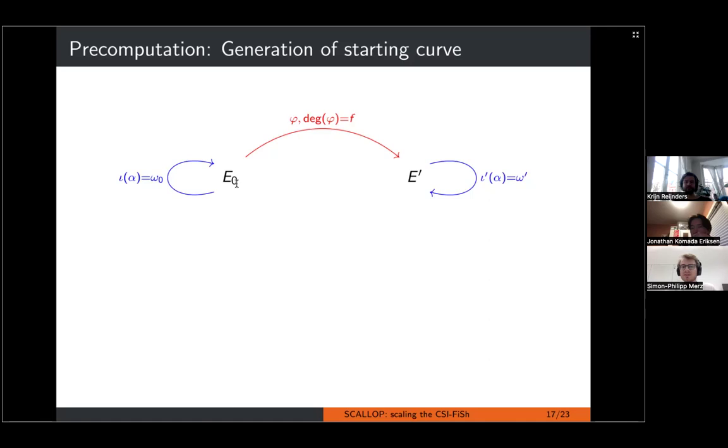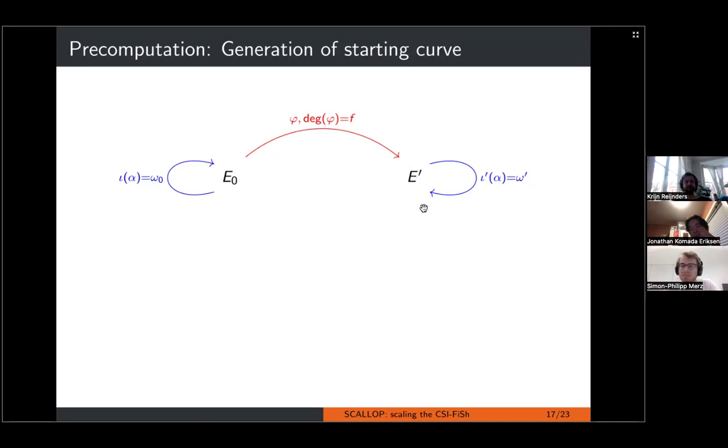You can actually get from E0 to E prime by almost every isogeny of degree F. So any E prime would do. So E prime is just any of the codomains of a degree F isogeny, except for two exceptions.